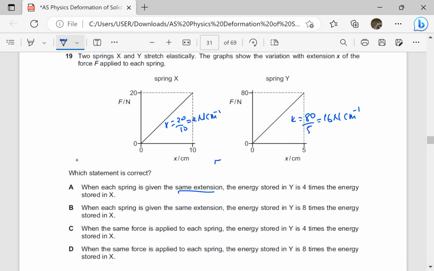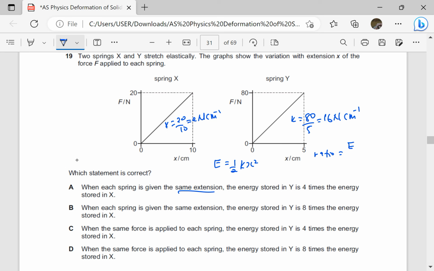We know that energy is equal to a half kx squared. X is going to be the same. They said when the spring is given the same extension, the energy stored in Y is 4 times the energy stored in X.